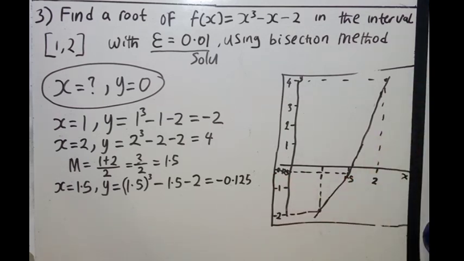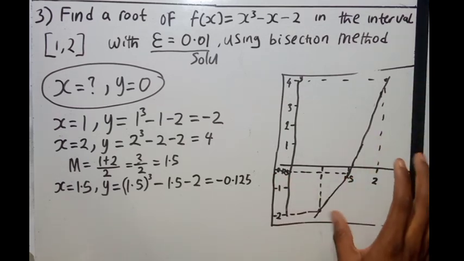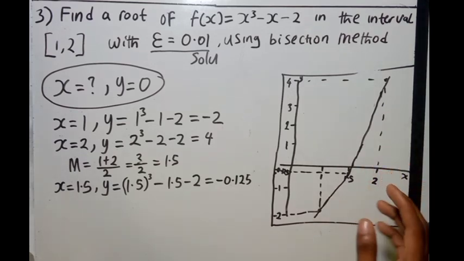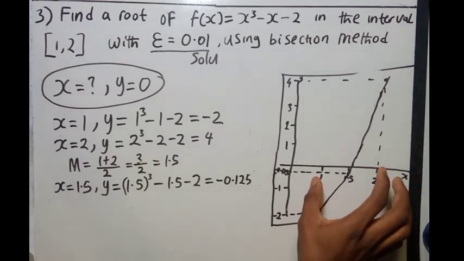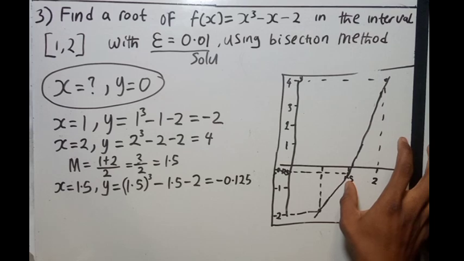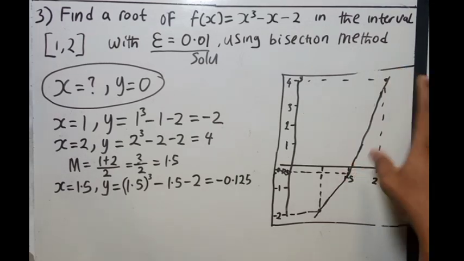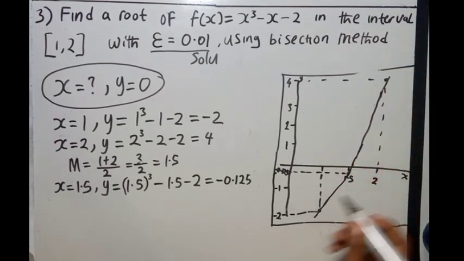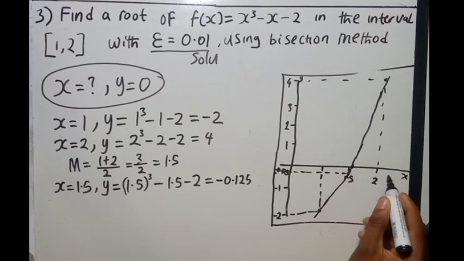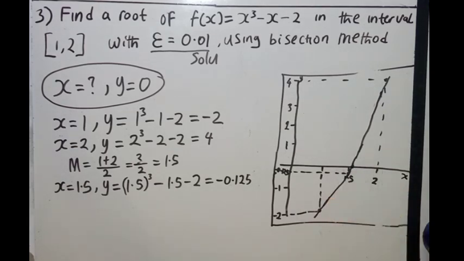So as you can see now, we have a new interval. We're no longer going to be using 1 again, but 1.5 and 2, because definitely our root falls in between them somewhere. So we'll keep working with that.